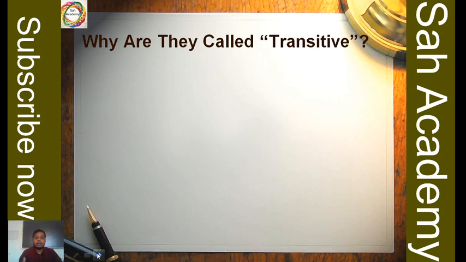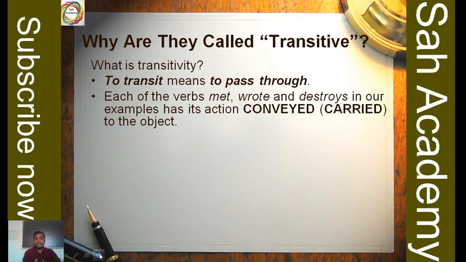So what is transitivity? To transit means to pass through. Each of the verbs met, wrote, destroys in our examples has its action conveyed or carried to the object.